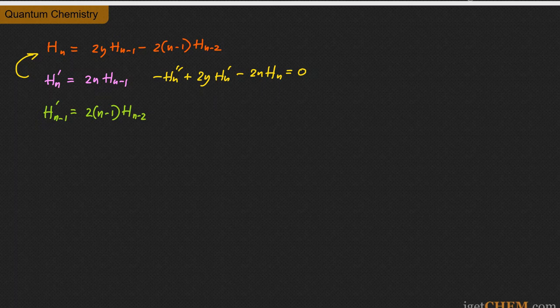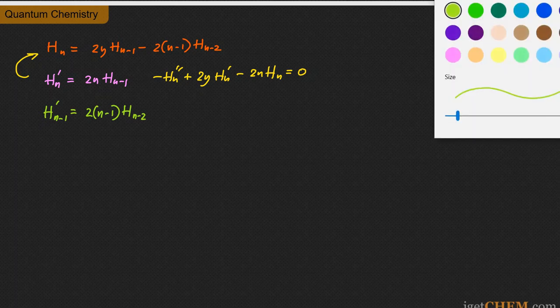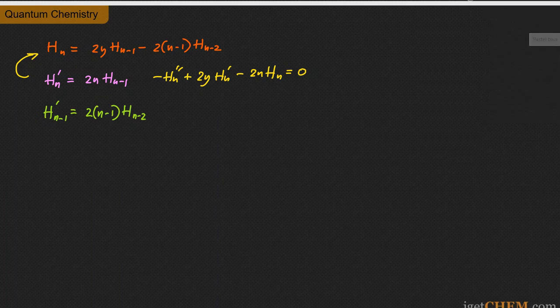So using that first one, but applying it to n equals n minus 1, I would have that relationship. But also, you see that if I take the derivative of the purple equation, this one, then I would also have H_n double prime equals 2n H_{n-1} prime. So I can derive these two equations, 1 and 2, from the pink equation.